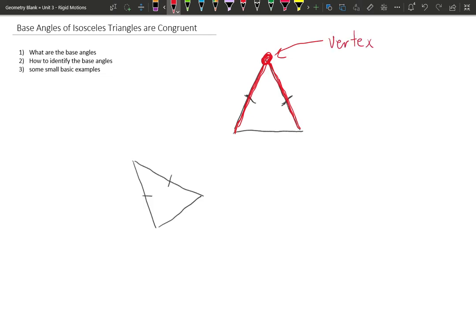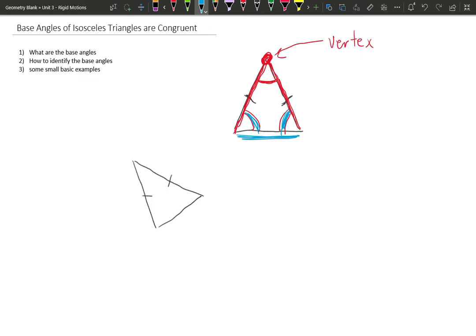So we are going to refer to this angle on the top over here as the vertex angle, and the other two angles as the base angles. So once you identify the vertex angle, you could easily call the third side the base, and the angles touching that line would be the base angles.